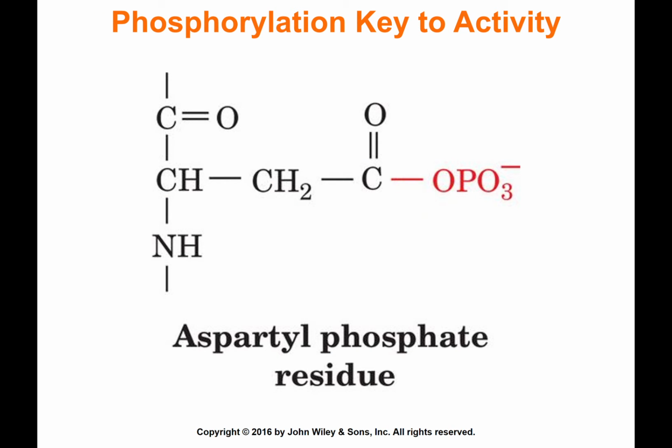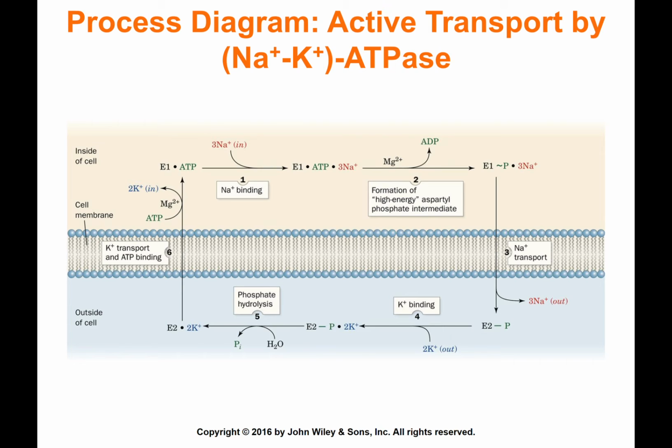And the way they work, again just a quick review, is that in the non-phosphorylated state, they will bind to certain chemicals that they're going to be transporting. So in this case, they'll bind to 3 sodiums on the inside of the cell, forming a complex with them.